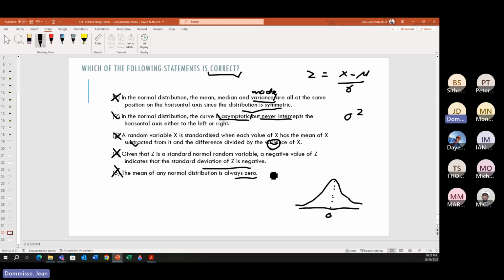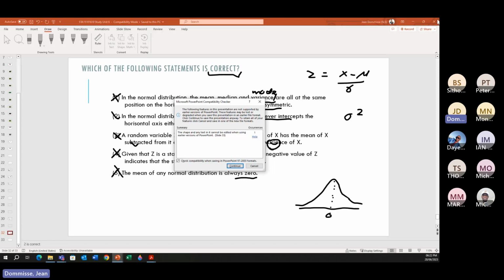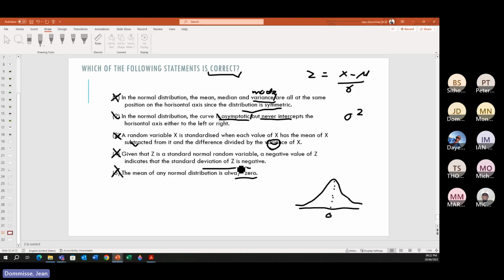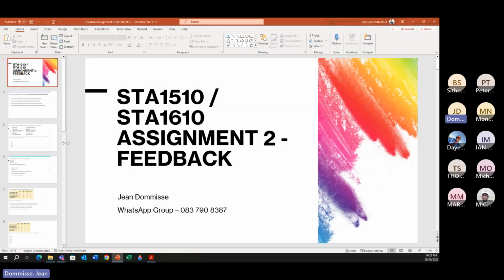So if you get feedback on assignment two, please send that to me, so that we can also go through that, because again, 1510 and 1610 is so close to one another. We can just as well use that, because it's also nice practice to look at that. Okay, so let's look at the feedback on assignment two.